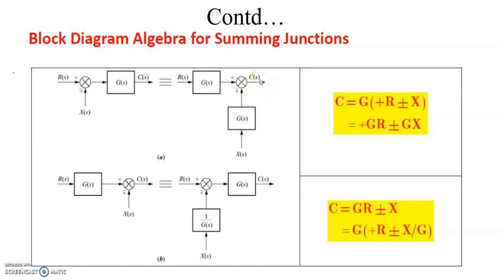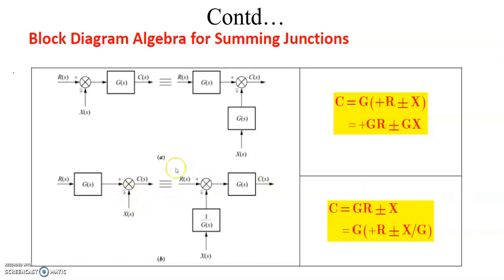C of S is equal to G of S into the common factor, taking G of S outside: R of S plus or minus X of S. So here it is R of S into G of S, and then X of S into G of S. We take G outside, so it is G into R plus X. So both are the same.